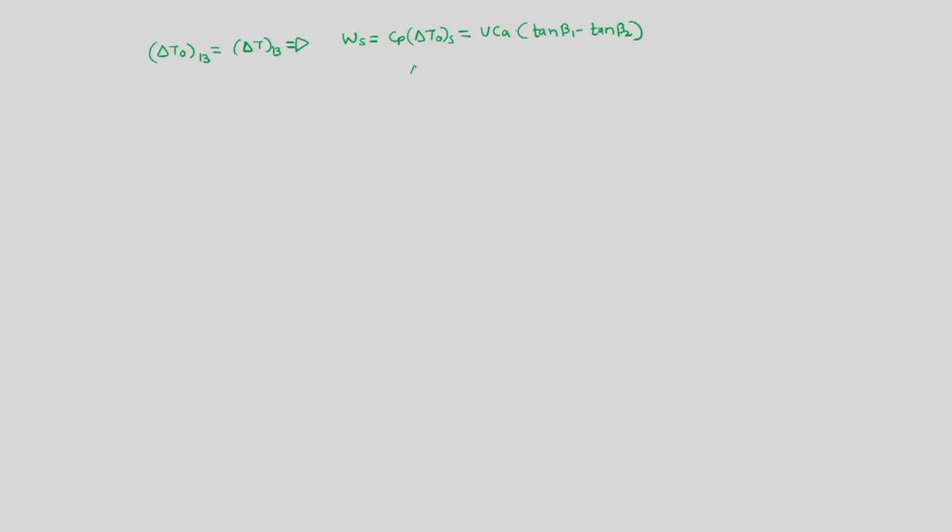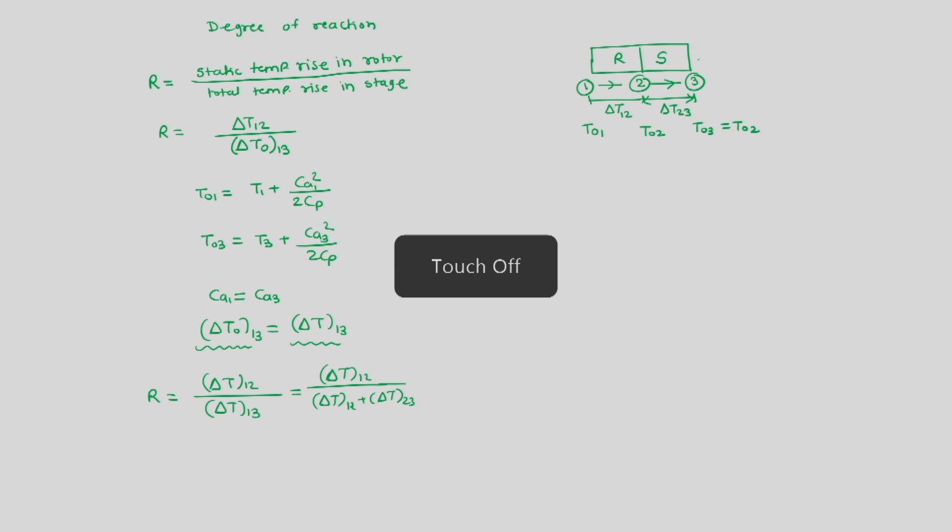So we know that delta T naught stage is equal to U Ca divided by Cp into tan of beta 1 minus tan of beta 2. So we know how to find delta T naught stage, which is delta T naught 1 3 and which is equal to delta T 1 3.